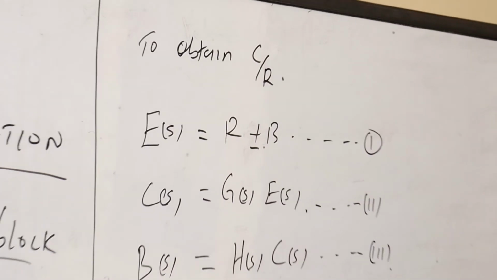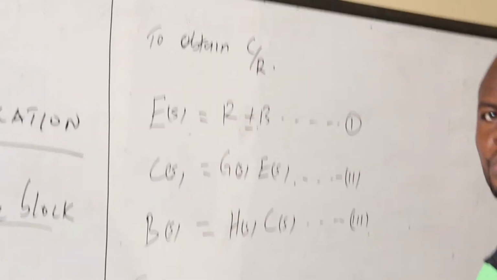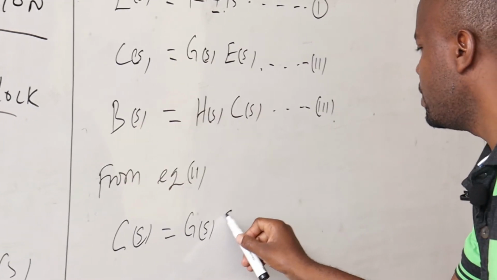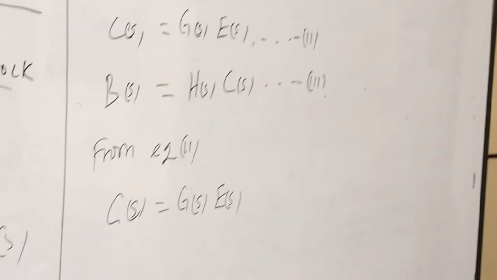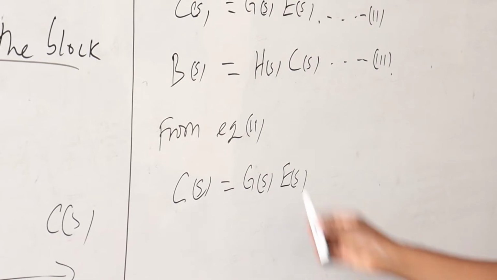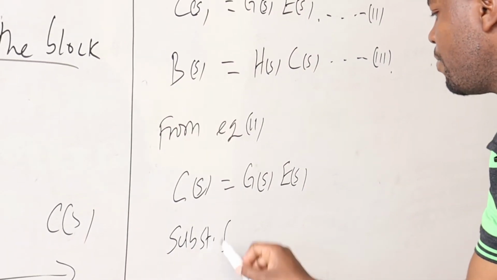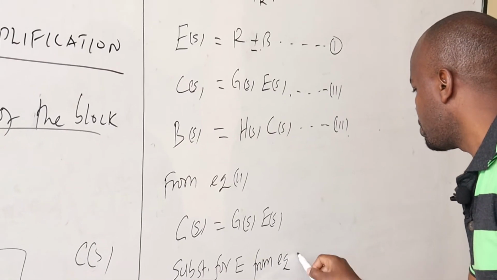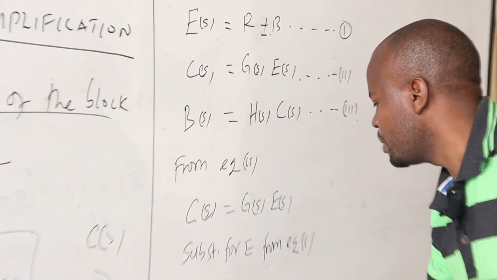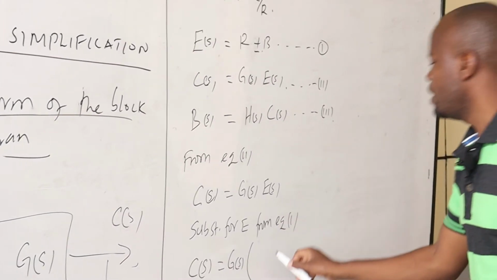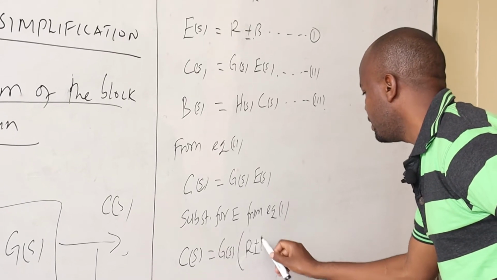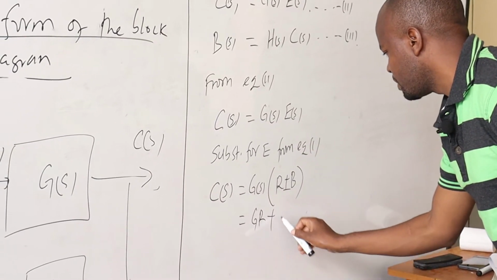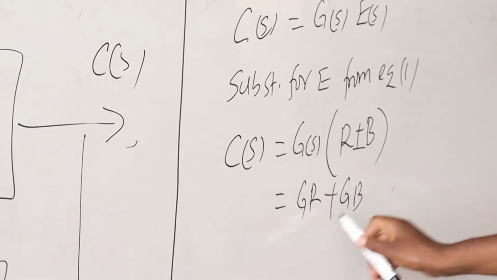From equation 2, C of S is equal to G of S, E of S. And we know that E of S, from equation 1, is R plus or minus B. So C of S will now be equal to G of S times R plus or minus B. That gives us GR plus or minus GB, and that is still the same as C of S.